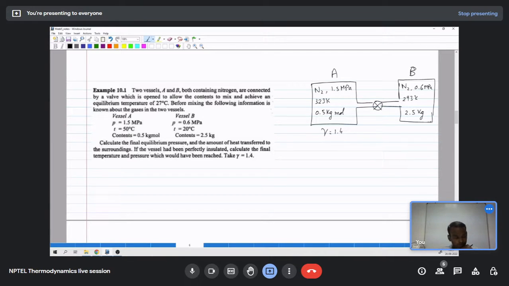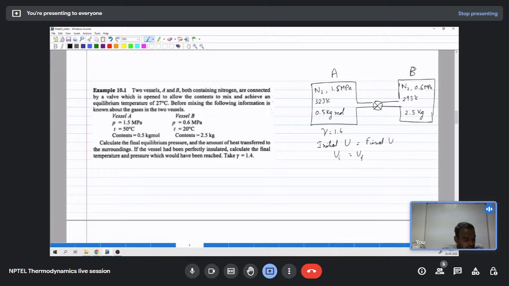So in problems like this, when there is a mixing of two gases, we can assume that the initial internal energy U is equal to final internal energy. So I can write this as Ui is equal to Uf.